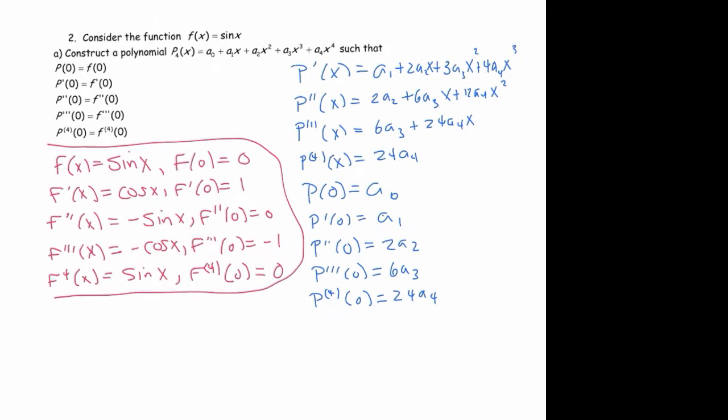So once again, we do this matching game. So we want p of 0 to equal f of 0. That means that we want p of 0, which is a naught, to equal f of 0, which is 0. P prime of 0 we want to equal f prime of 0.